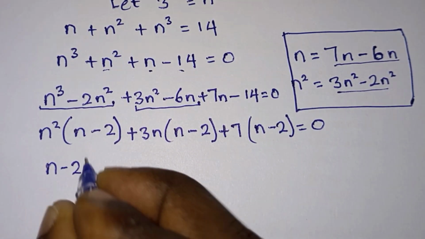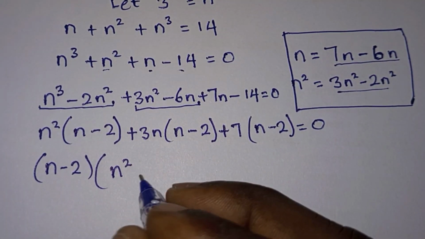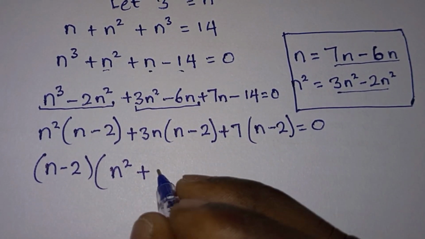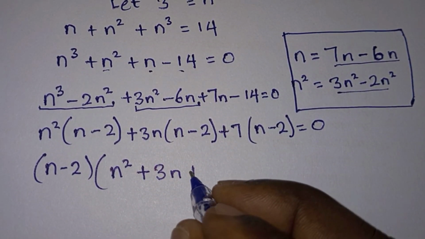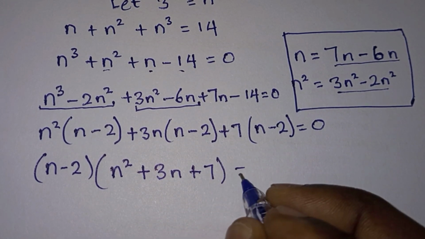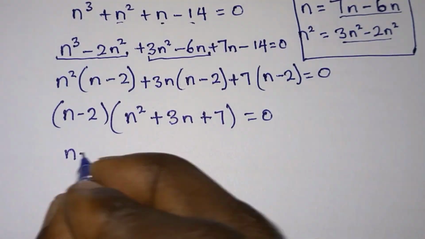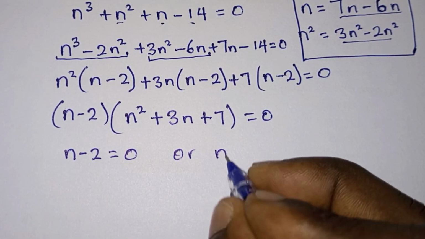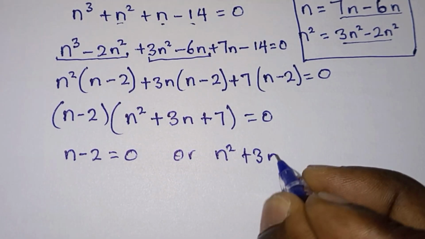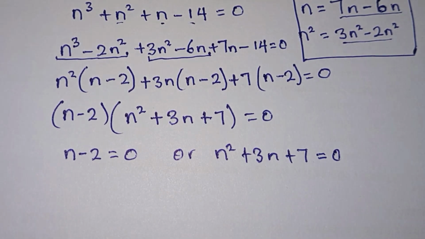N minus 2 times, from here we are left with n squared, then plus, from this side we are left with 3n, then from here we are left with only 7. And this is equal to 0. At this point, we can say that n minus 2 is equal to 0, or n squared plus 3n plus 7 is equal to 0.